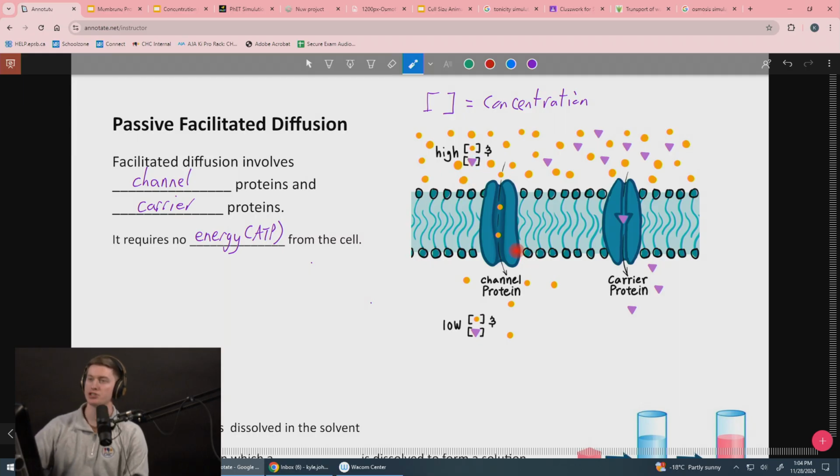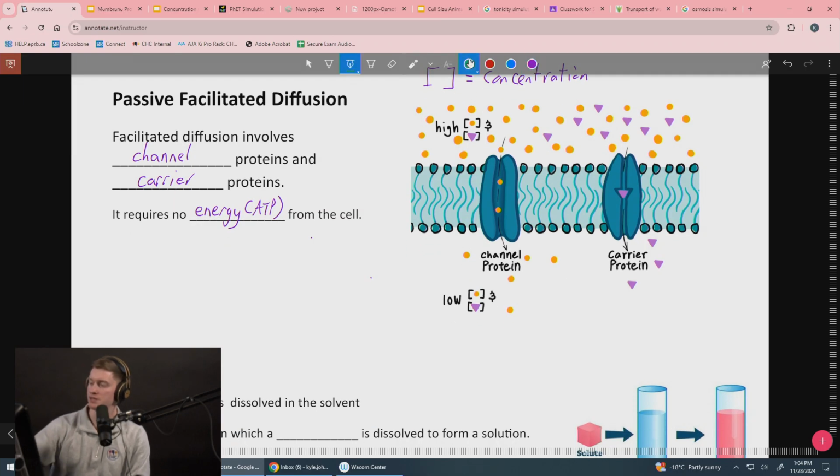But then you need channel proteins and carrier proteins to allow things to cross. This channel protein here is specific for the orange dots, for this solute. And this carrier protein is specific for the purple triangles, for that solute.